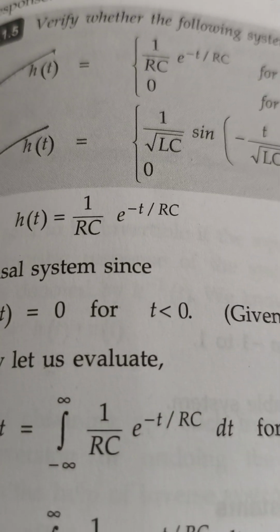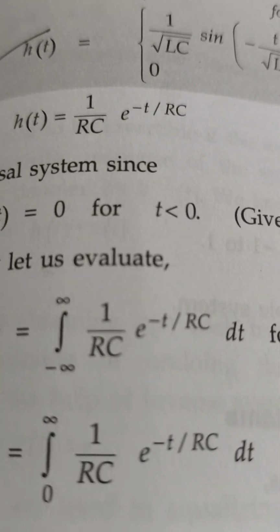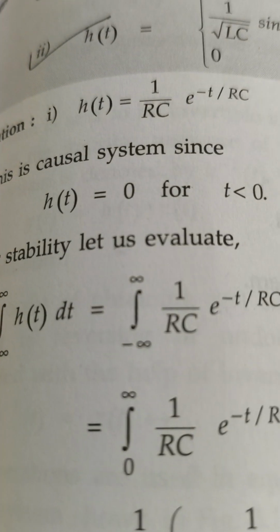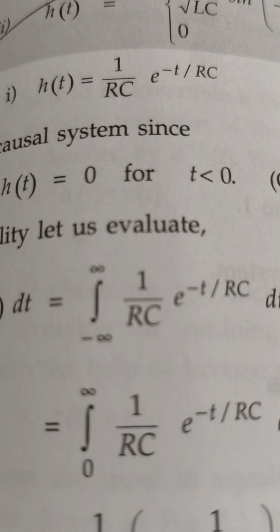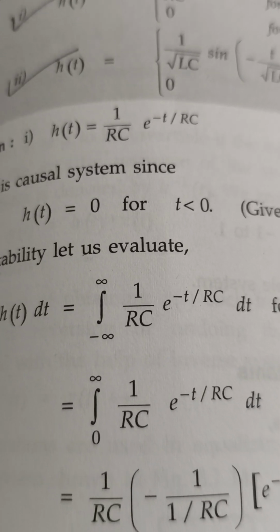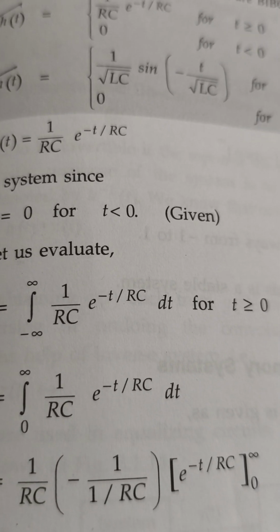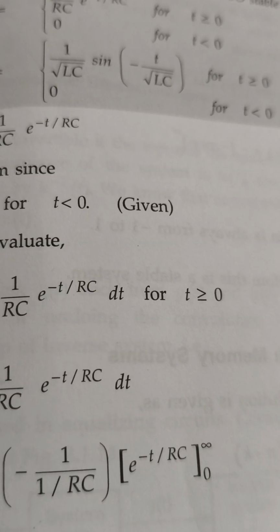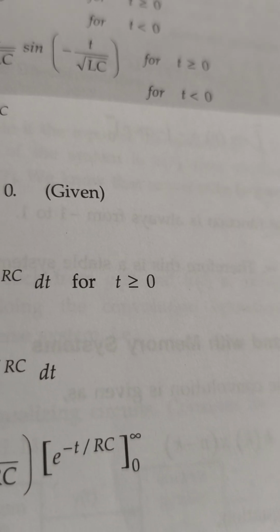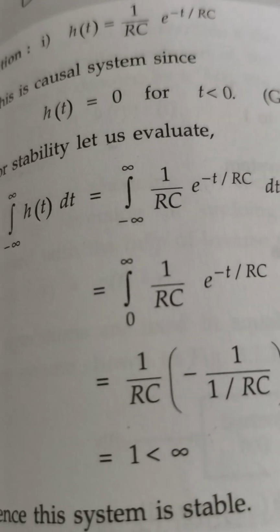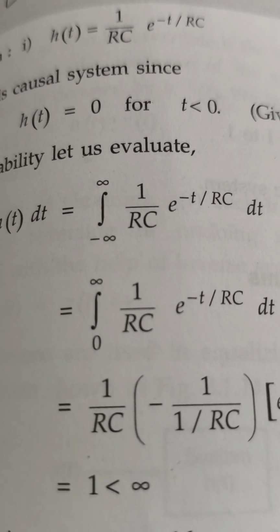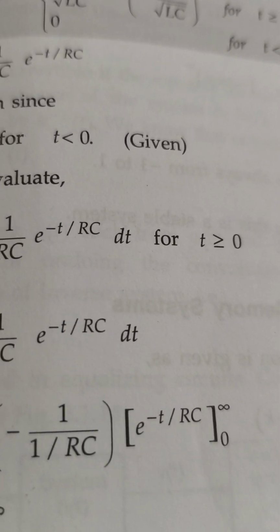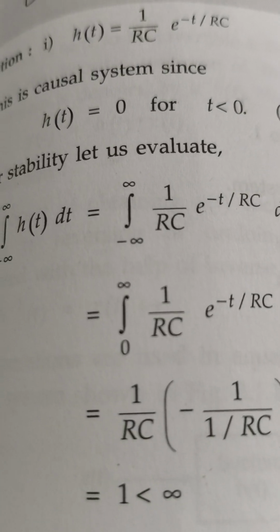Place that value of h of t in this equation, then we'll get the integration from minus infinity to plus infinity of 1 by RC e raised to minus t by RC dt for t greater than or equal to 0. Since 1 by RC is a constant, we have also changed the limits of integration.